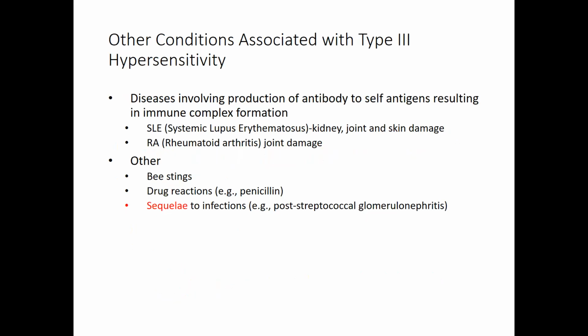So what other reactions do we have associated with type 3 hypersensitivity? We have some diseases that involve the production of antibody to self-antigens. Things like SLE, systemic lupus erythematosus. We see complexes forming in the kidney and the joints, and we see skin damage.